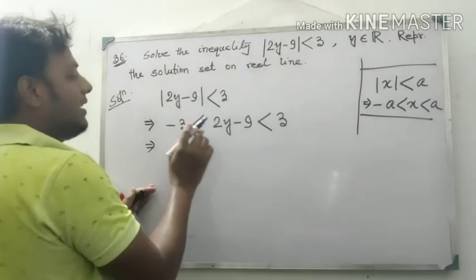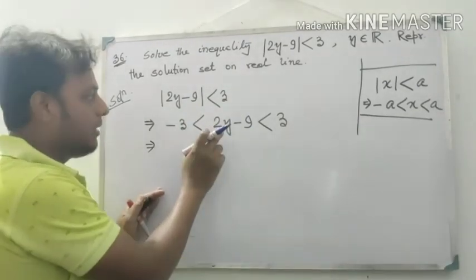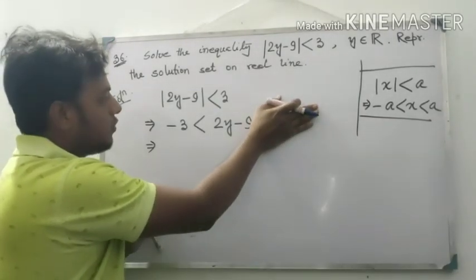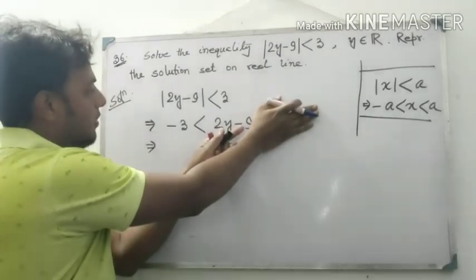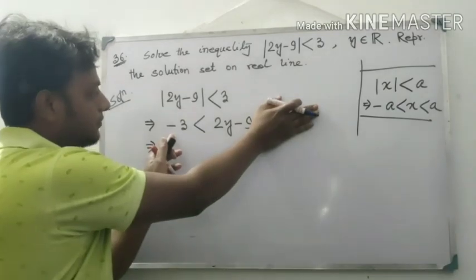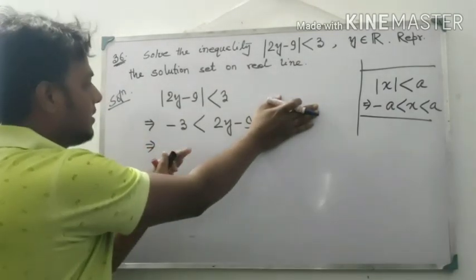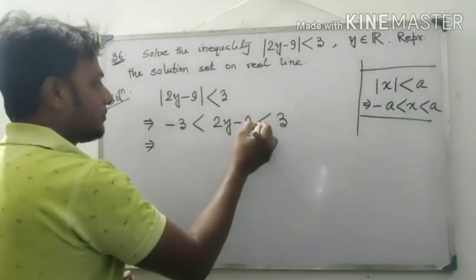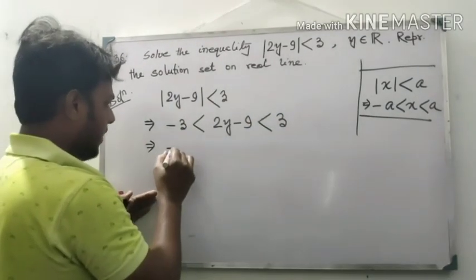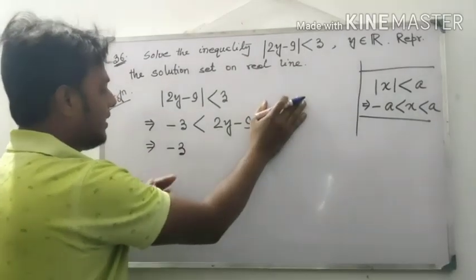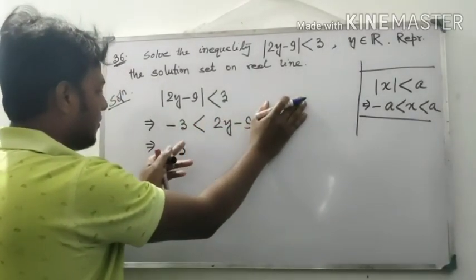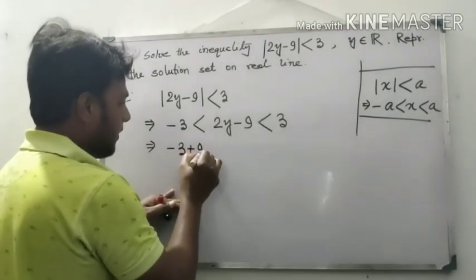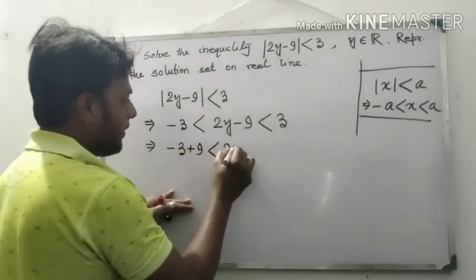Since the variable is in the middle position, we can solve directly. If we try to solve the first part only, then we have to move this 9 to this side, so it will be plus 9. So minus 3 plus 9 less than 2y.